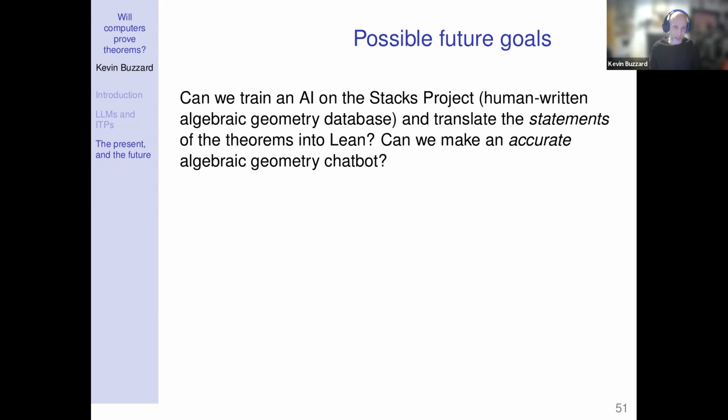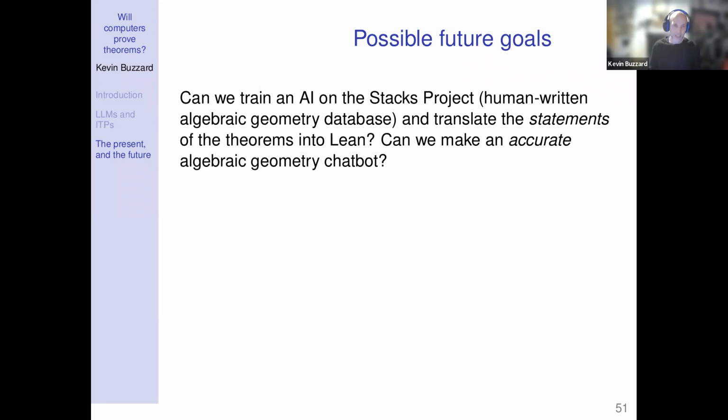Can we make some kind of algebraic geometry chatbot where someone can come along and ask it a question? They're trying to read a paper, they don't understand what's going on. They can ask the chatbot about the paper, and they can attempt to put some kind of coherent argument together. This time it's going to be correct.